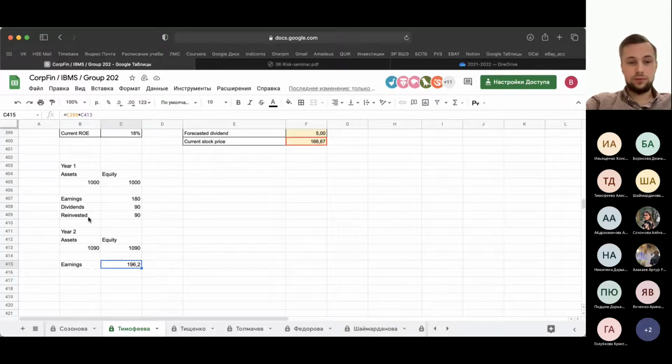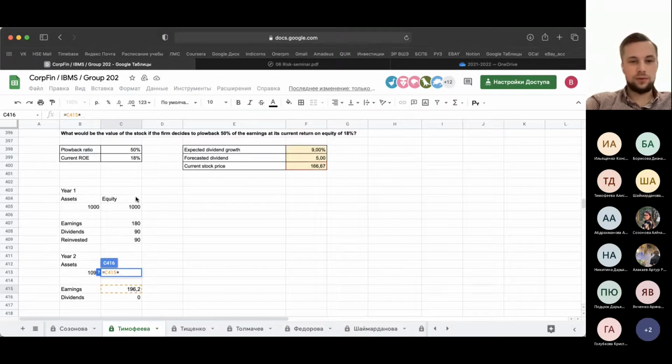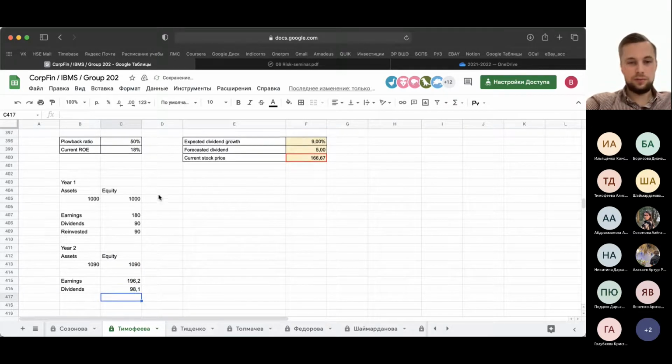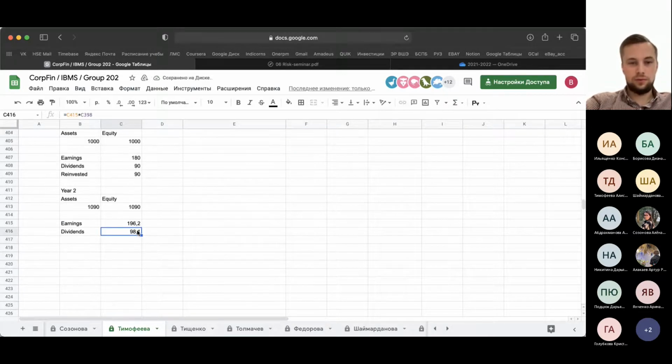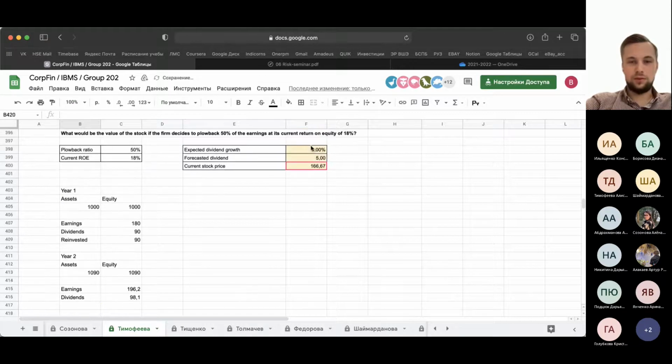And if we again calculate dividends here, if we again take the earnings and pay 50% of them in dividends, we're going to have this value. So if we calculate the dividend growth, it will be 9%. So the same 9% that we have here.